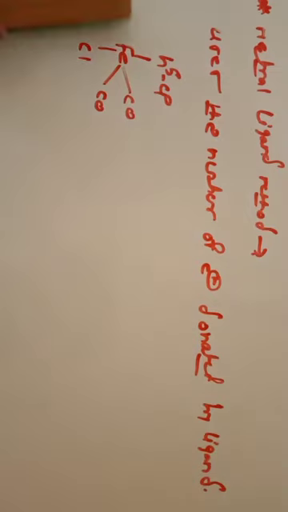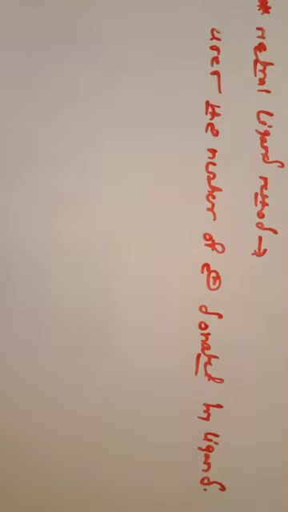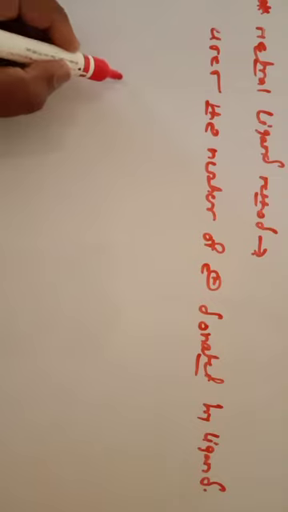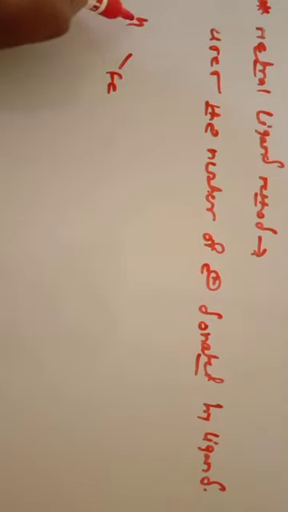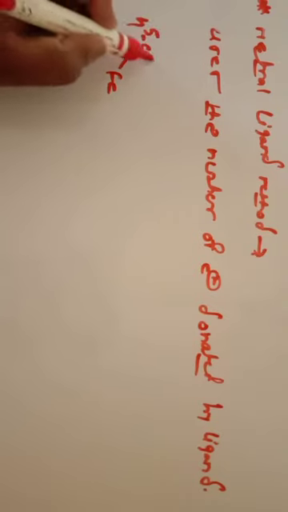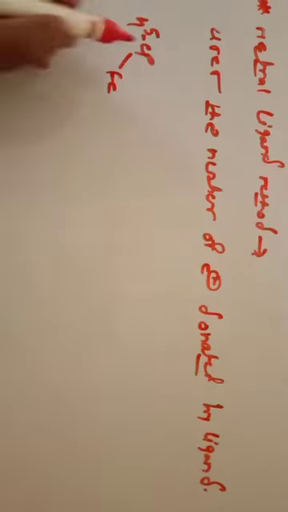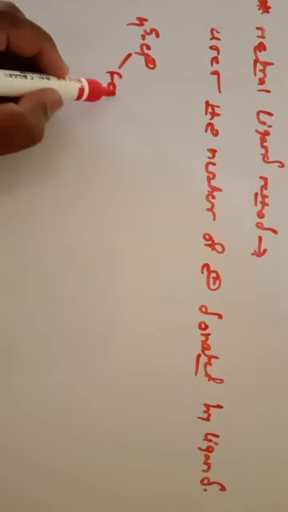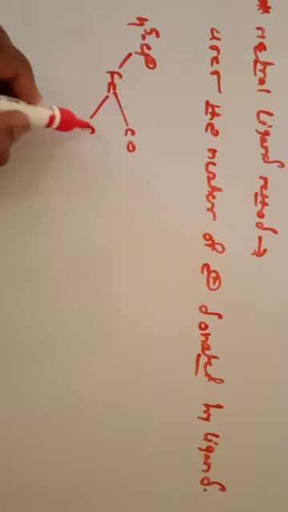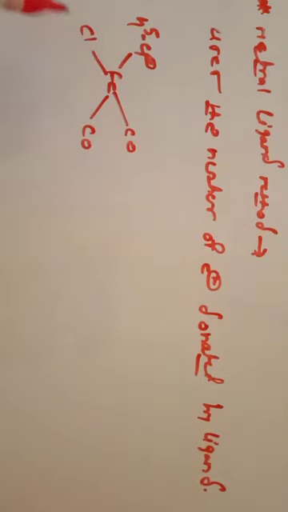We can write once again, this is your Fe, this is your eta 5 Cp, its hapticity is 5, meaning all the carbons are attached to the metal atom. Then 2 carbonyls and 1 chlorine.